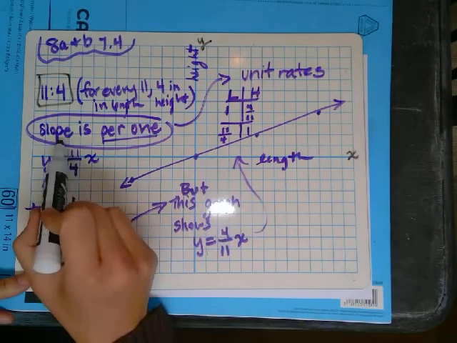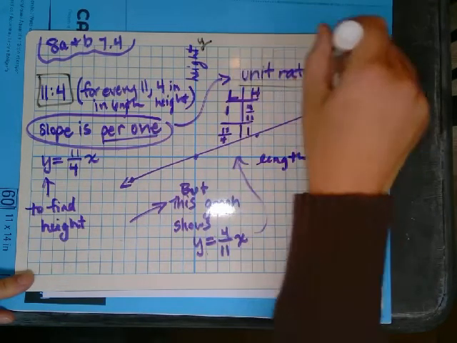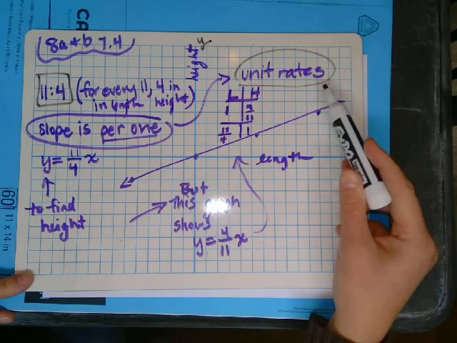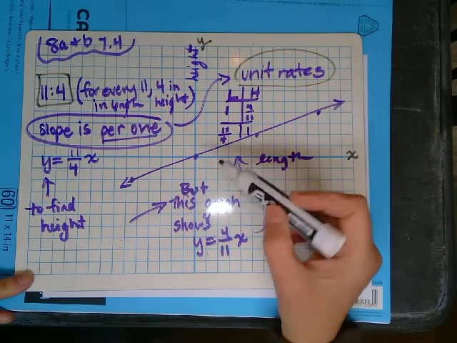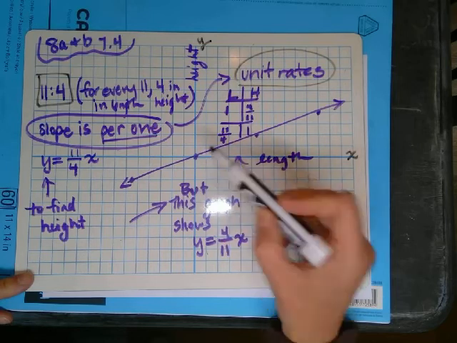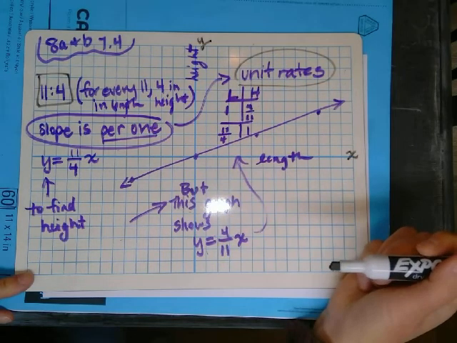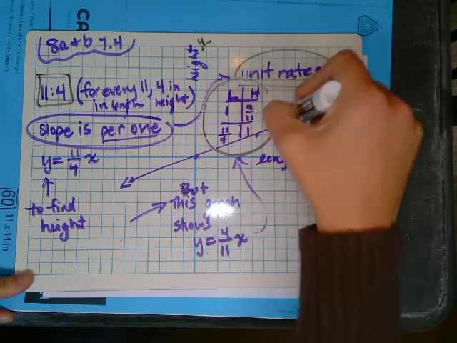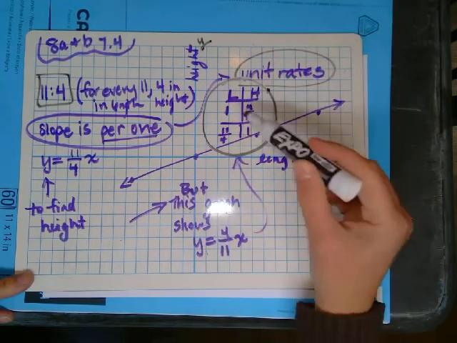Now remember, slope is a unit rate. A slope is an amount that we want to have per 1. So in other words, for every 1 we go over on the x, how much are we going up on the y? And so for this, I want to think about my relationship between my length and height.